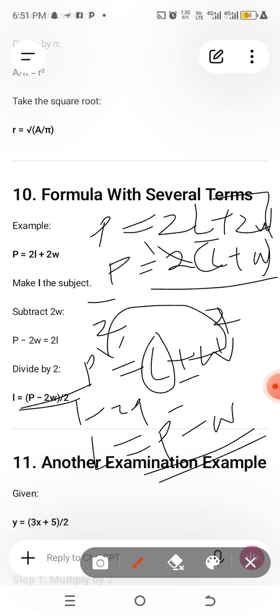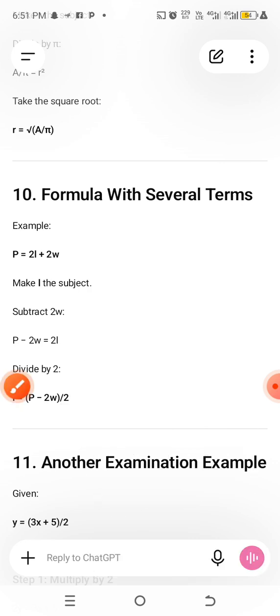If they divide their own by 2, you will notice that the answer is supposed to be P minus W over 2. So if they divide their own by 2, you will see that they are going to get the same answer that we got.